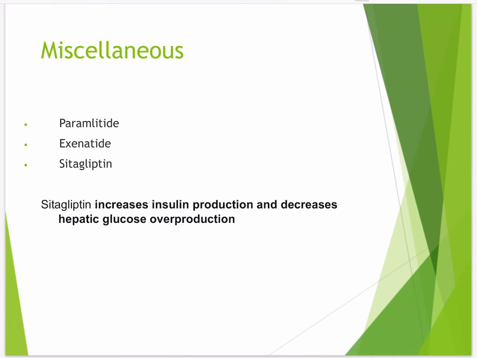This type of drug is usually used in combination with other drugs. For example, we usually use these drugs in combination with metformin or other drugs. Usually these drugs can cause side effects like sweating, feeling hungry, and they can affect the kidney.